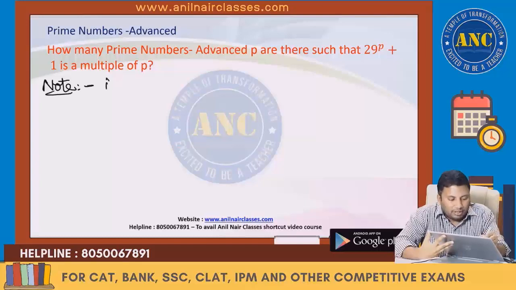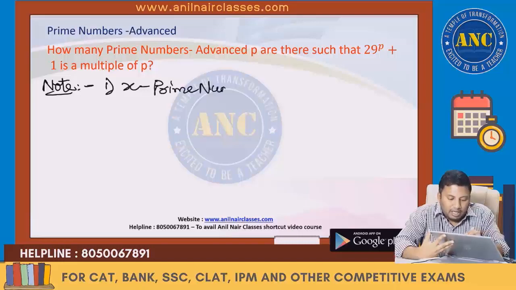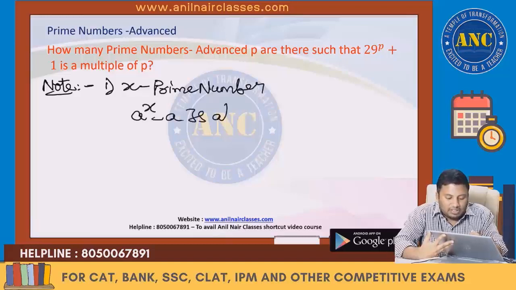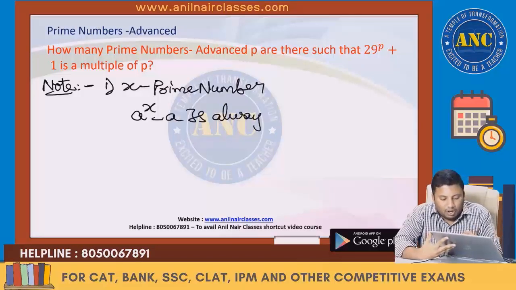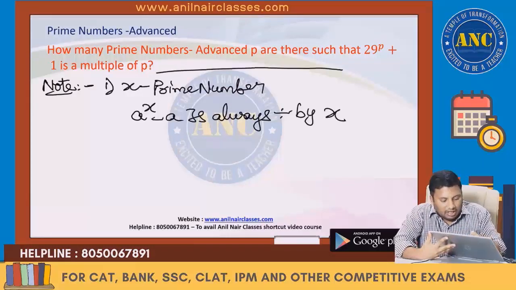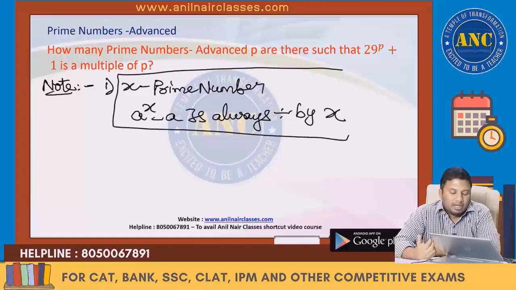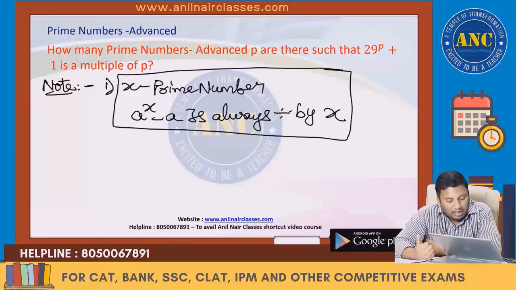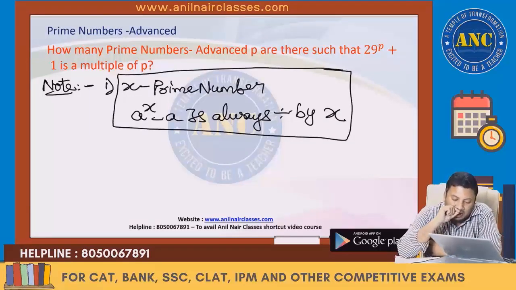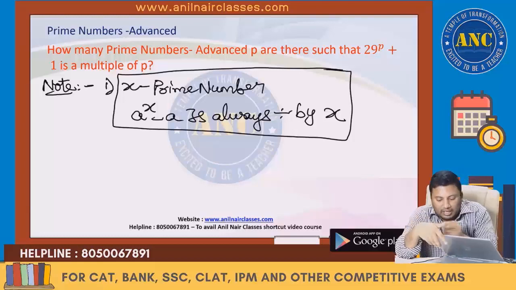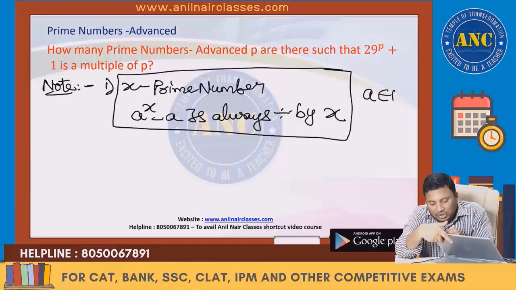Write down note. If x is a prime number, a power x minus a is always divisible by x, if a is a natural number.